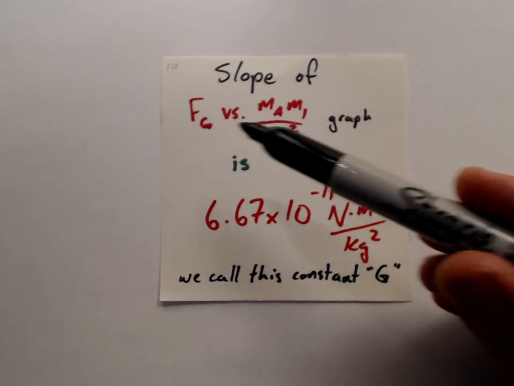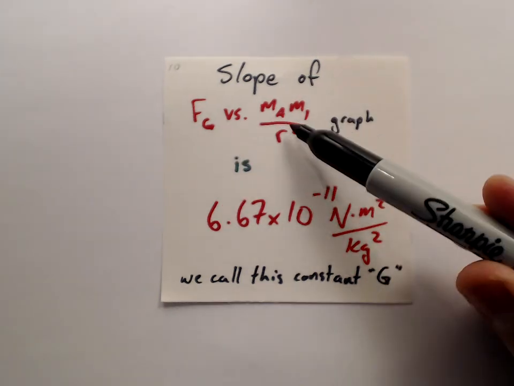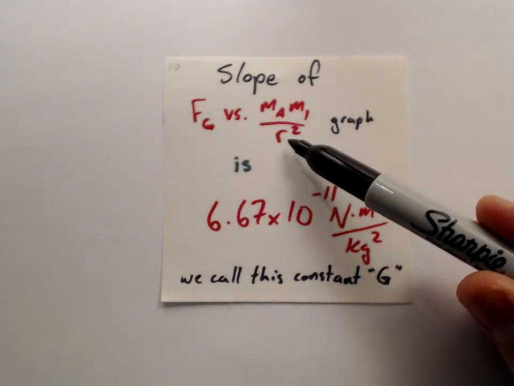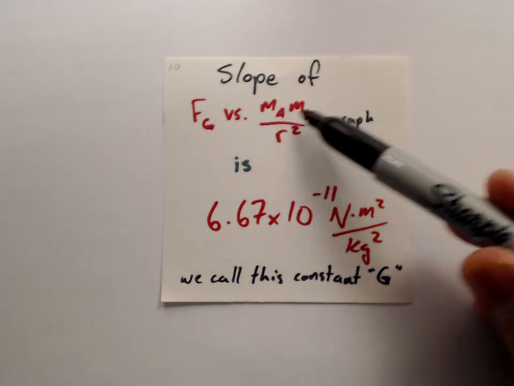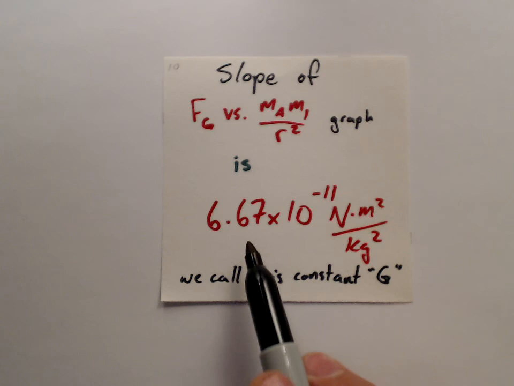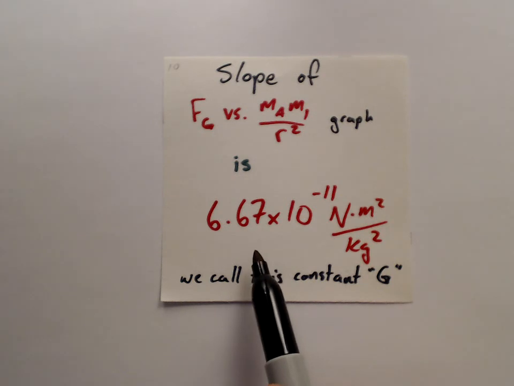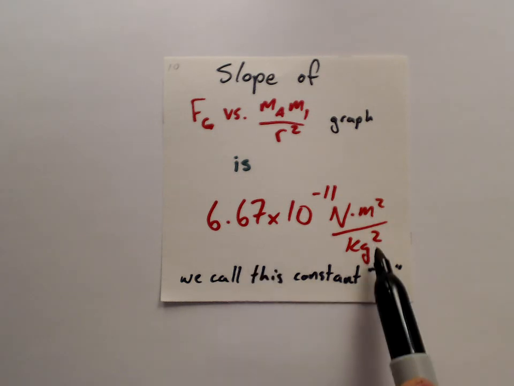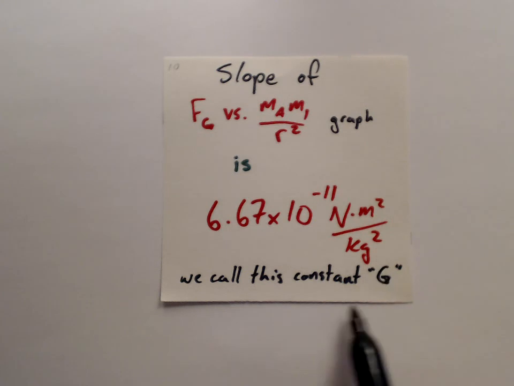So for a slope of force due to gravity versus mass A times mass 1 divided by r squared, where I've chosen to change the masses and the r's, you always end up getting a slope of 6.67 times 10 to the power of negative 11 Newton meters squared per kilogram squared, and we call this constant G.